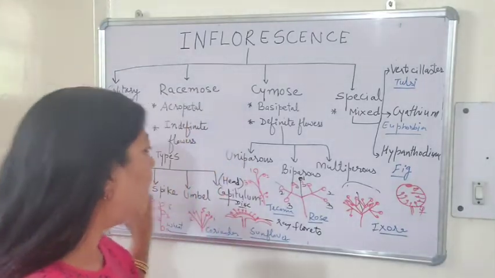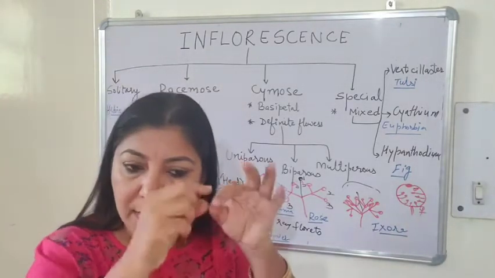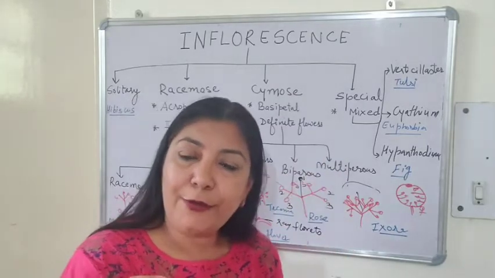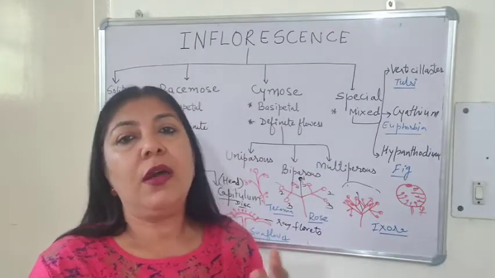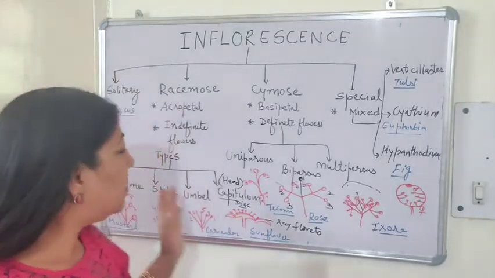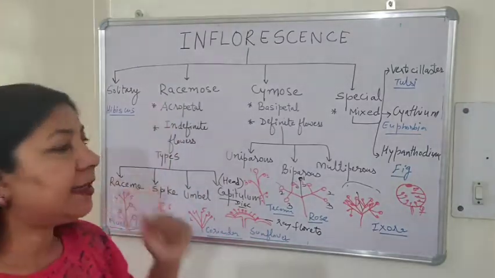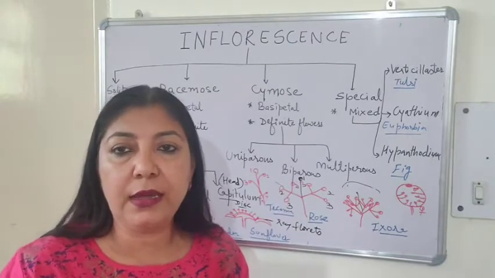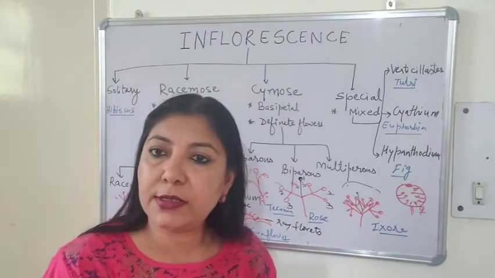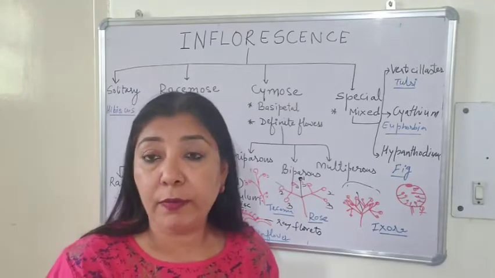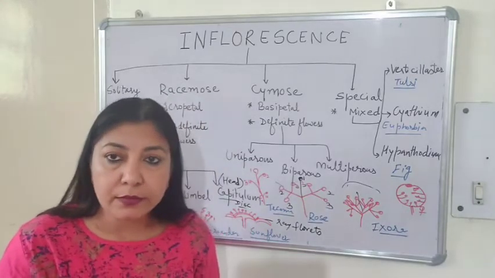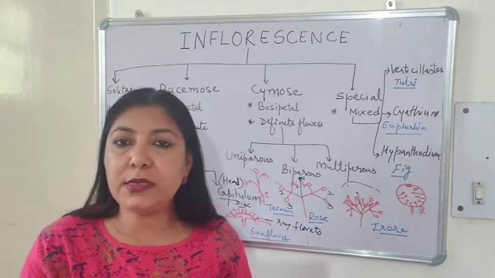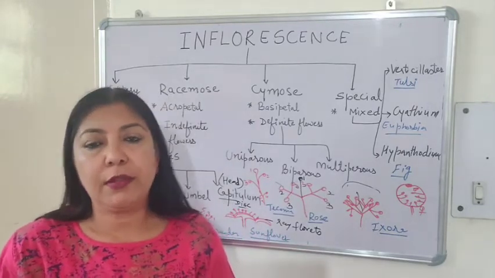Likewise, mulberry, shahtoot, is also a complete inflorescence converting into a fruit. That is again a type of racemose which is called catkin. I am not dealing with it here. So that is also an inflorescence that converts into fruit. Likewise, pineapple, the complete pineapple is an inflorescence which converts into the fruit.